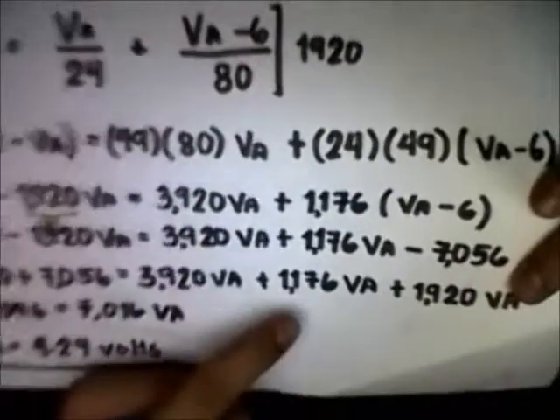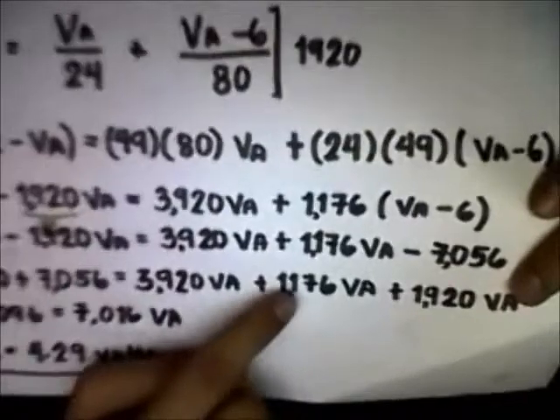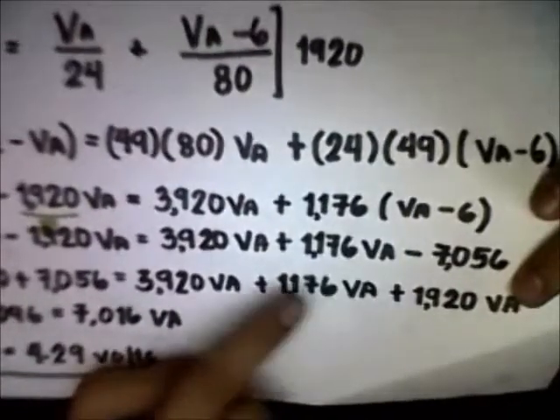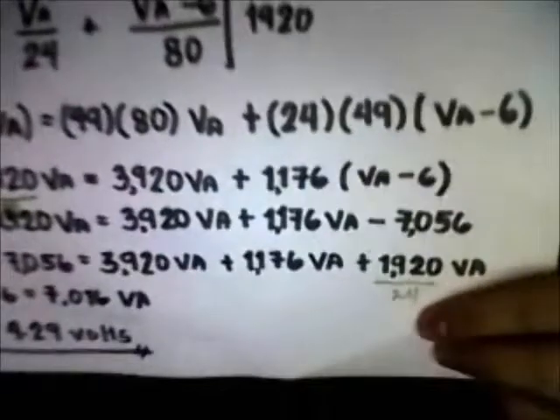And 3,920 plus 1,176 should be equal to 1,920 over 24.